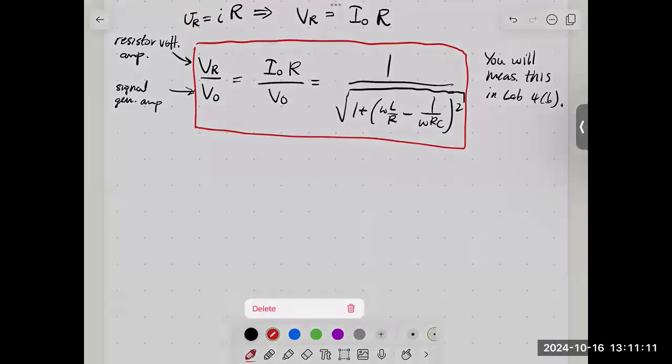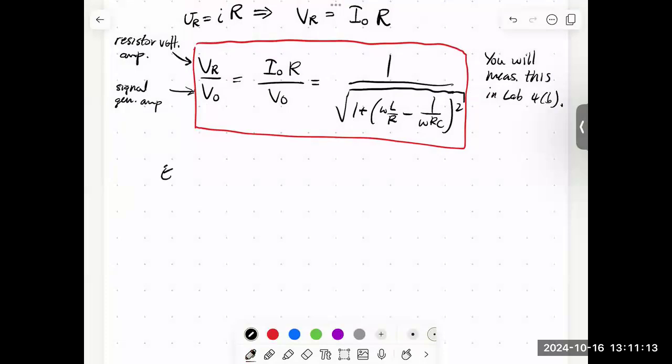So let's examine the frequency dependence of this ratio of amplitudes and of the phase.